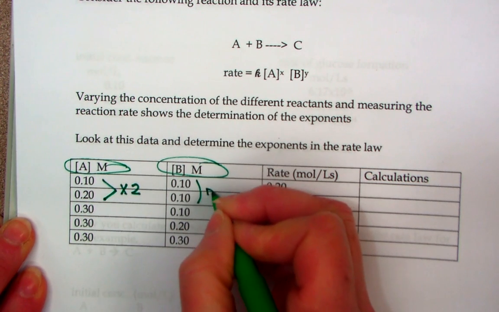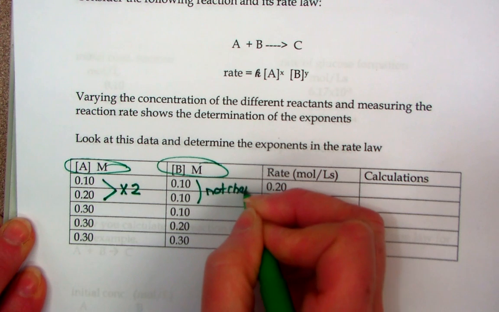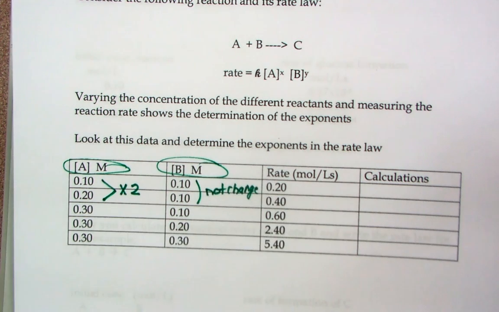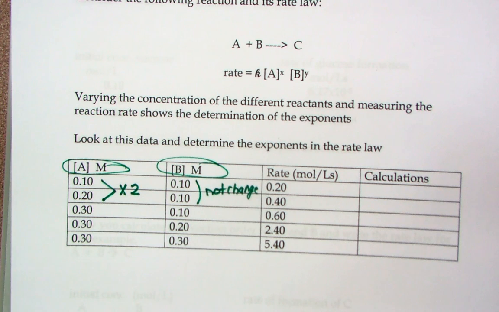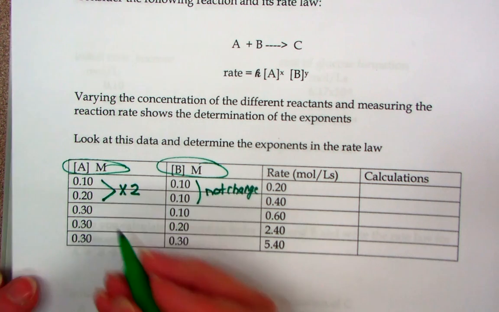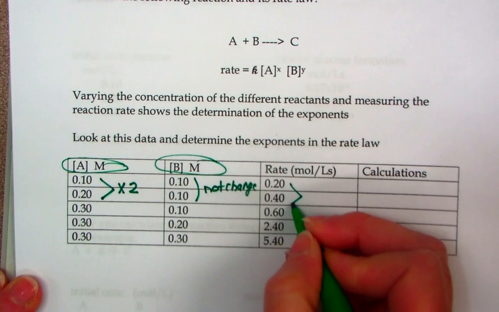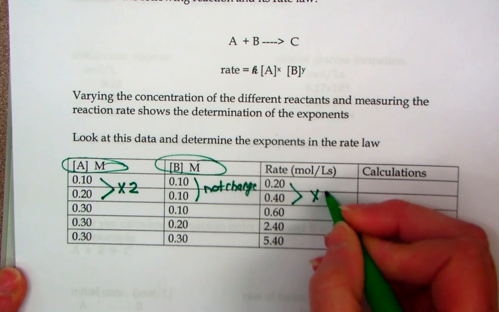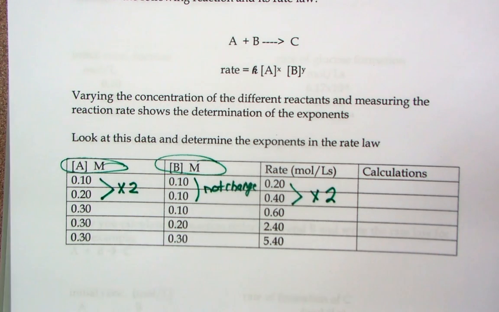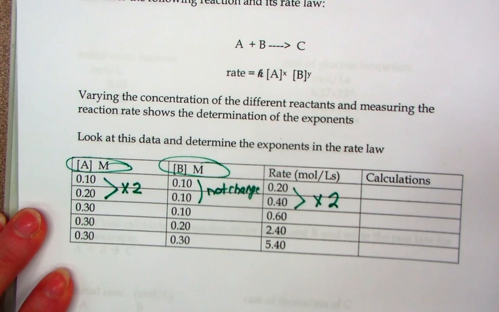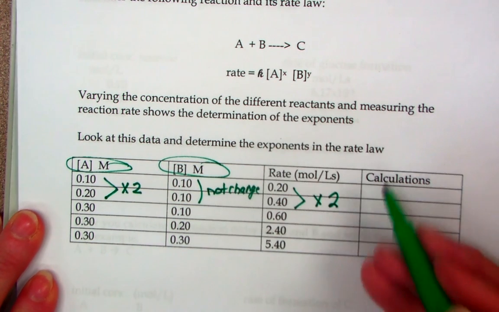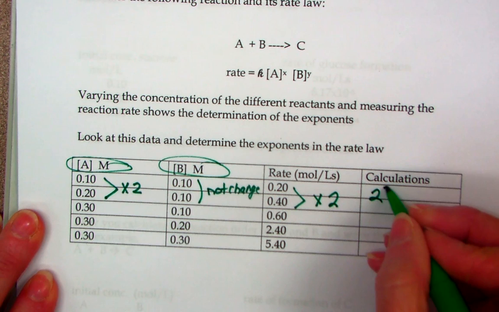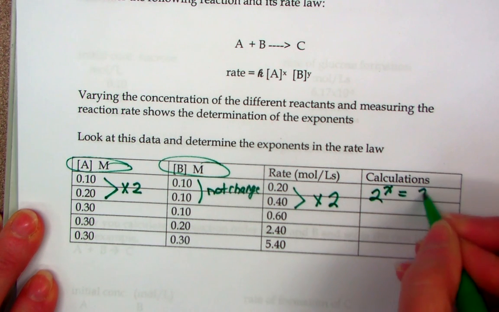This did not change. If I look at this, any change in rate is related to the change in concentration of A because B didn't change, right? So this changed by 2. Now, the rate went from 0.2 to 0.4, so it changed by 2. So when I look at that change in concentration, and I think back to my rate law, A is to the x power, 2 to the x power is equal to 2.